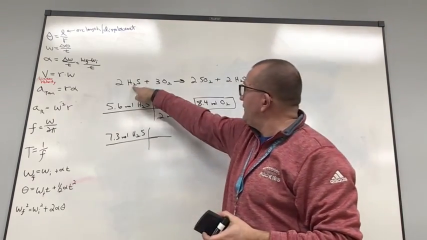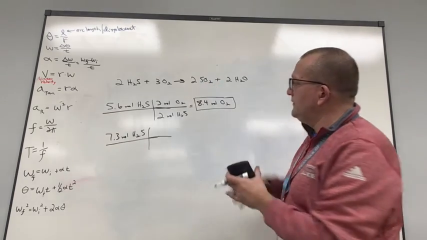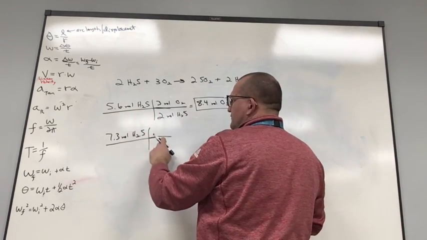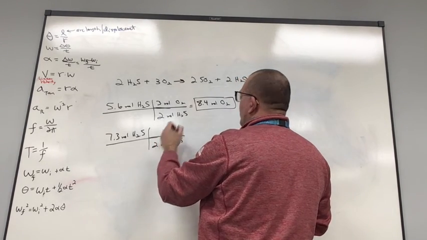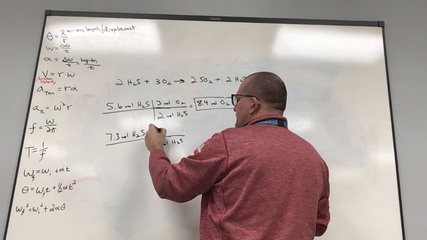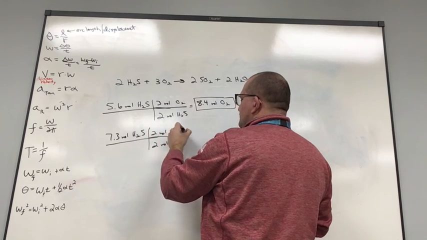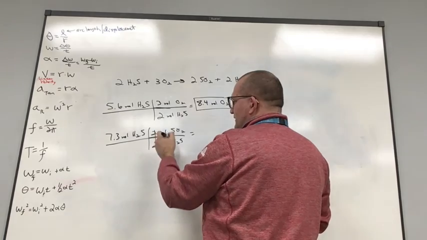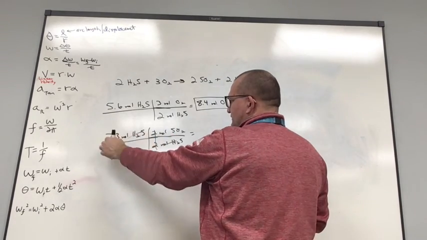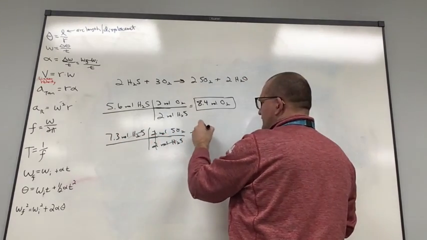Where I start goes on the bottom, 2 moles of H2S, and where I finish goes on top, 2 moles of SO2. You don't have to be a math genius to know that the 2's cancel out, so 7.3 times 1 is 7.3 moles of SO2.